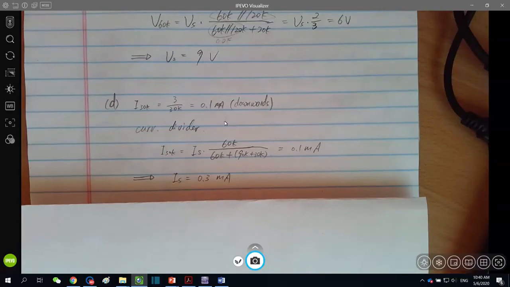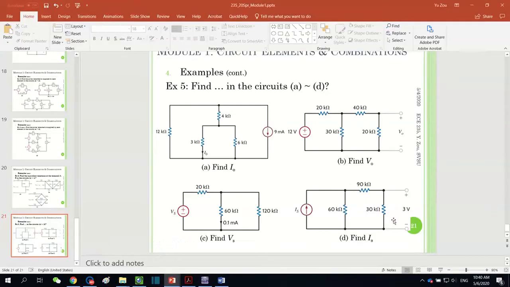But here, pay enough attention to this current direction. We call it downwards. The reason, going back to the circuit, is that the positive is here, negative is here. So you use this voltage divided by 30 kilo ohm, which gives you the current from the positive higher potential point towards the lower potential point, negative.